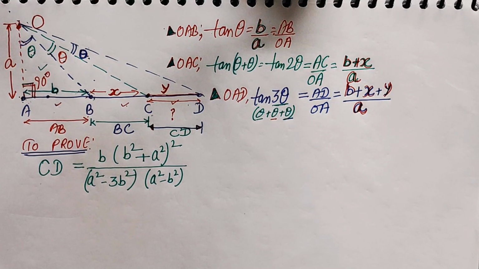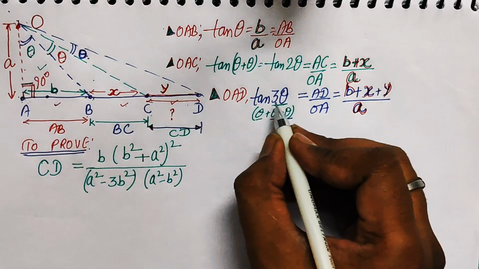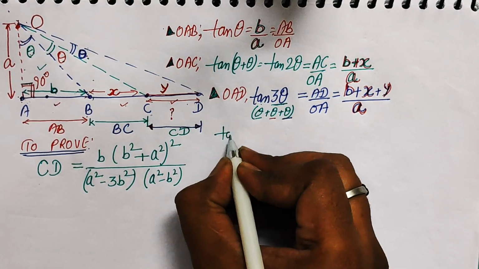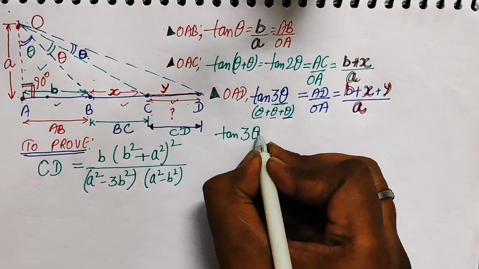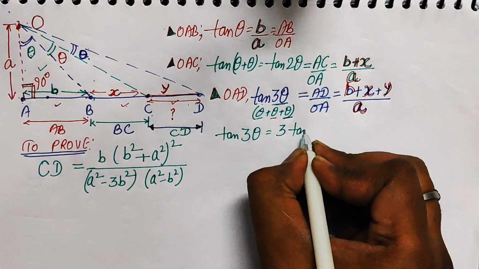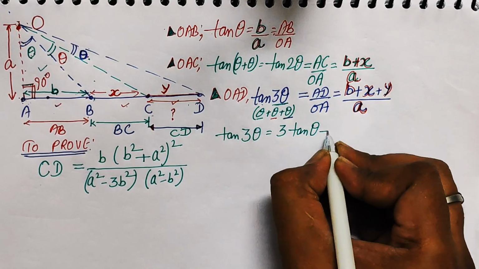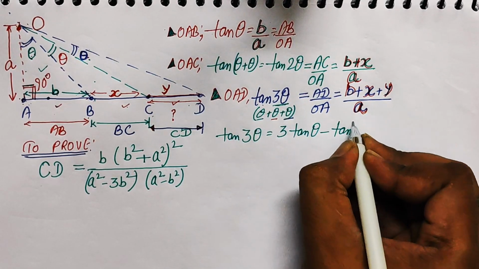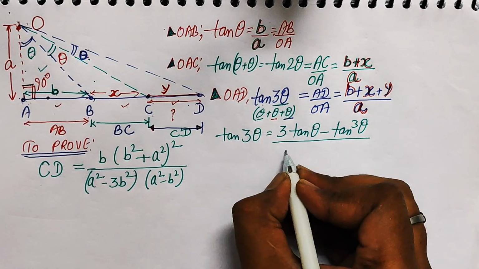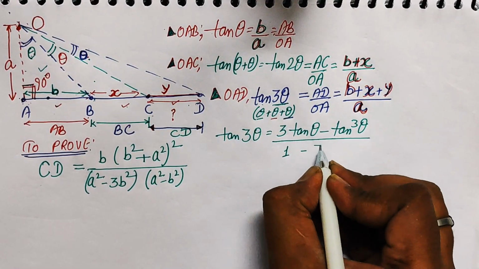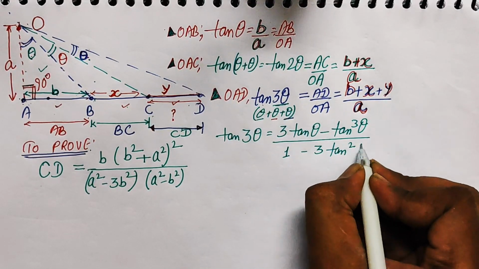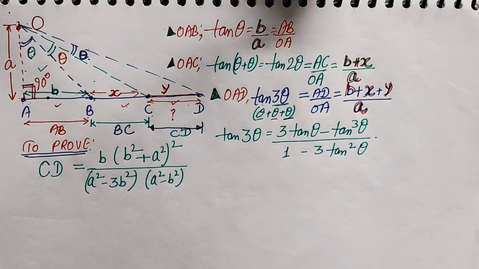Now, we know from the formula, tan of 3 theta is equal to 3 times tan theta minus tan cube theta by 1 minus 3 tan square theta, isn't it?